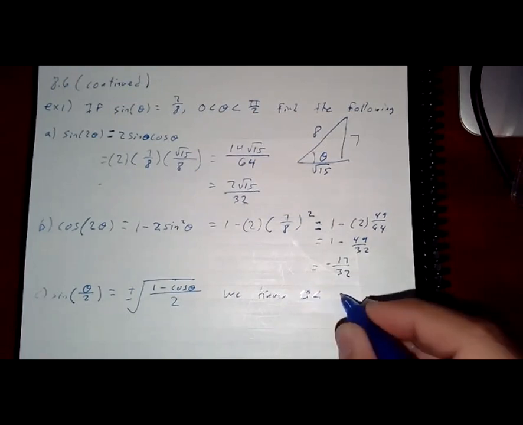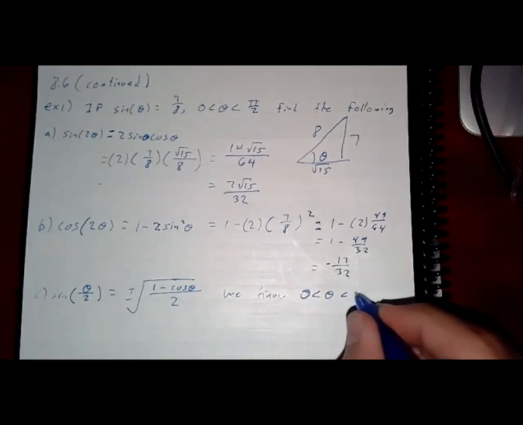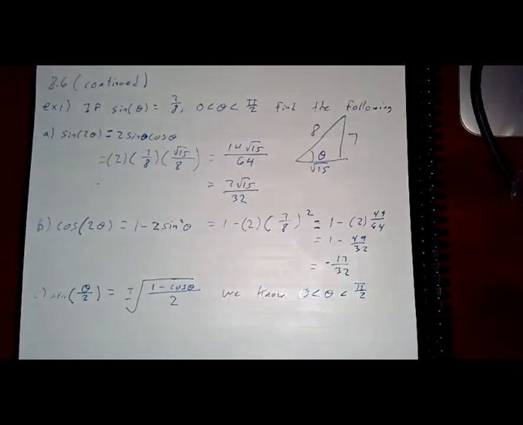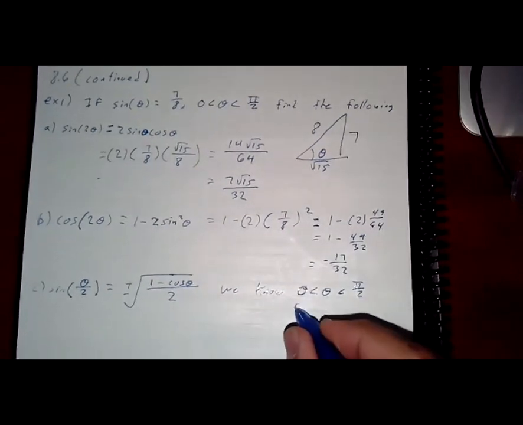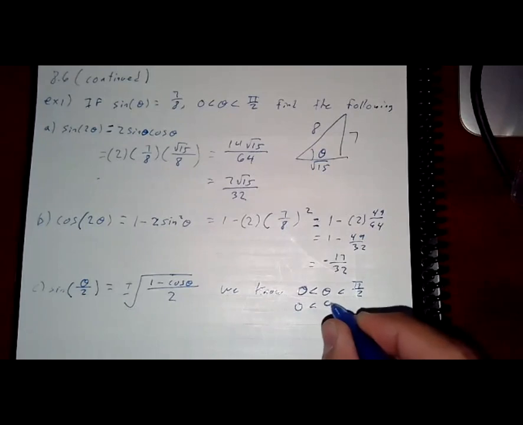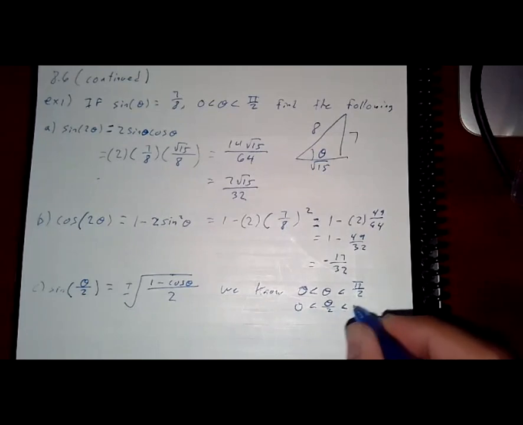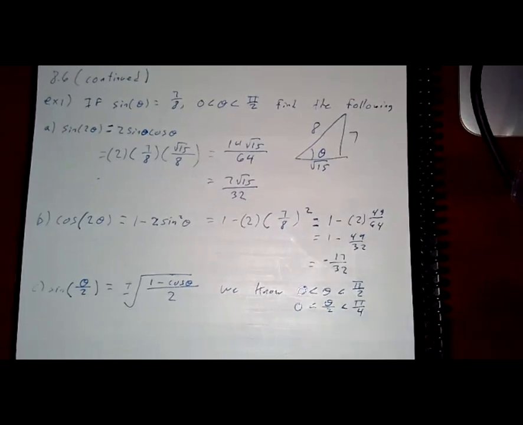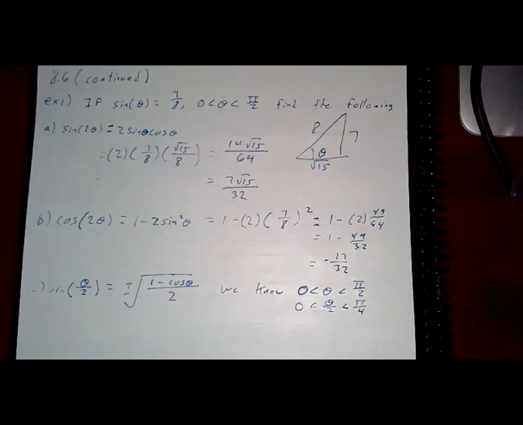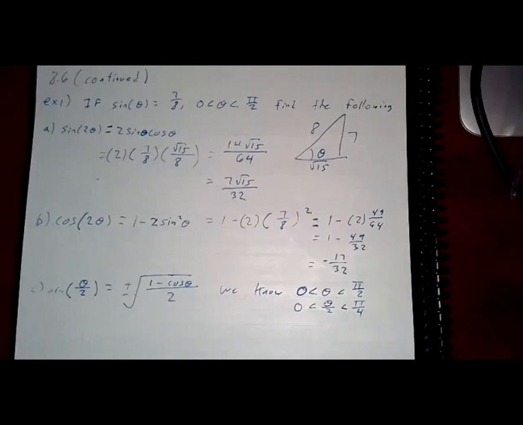Okay, so we know that theta is where? Quadrant 1, right? So if I divide everywhere by 2, then I'll get 0 is between theta over 2 and pi over 4, right? You see what I did? Divide this by 2, this by 2, that by 2. So that's what I did here. All right. So is theta over 2 still in quadrant 1?